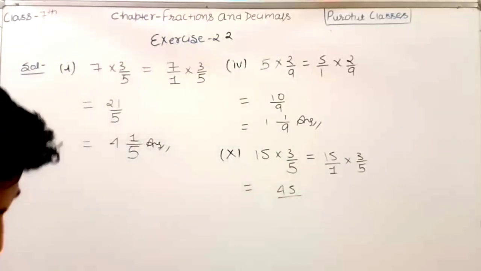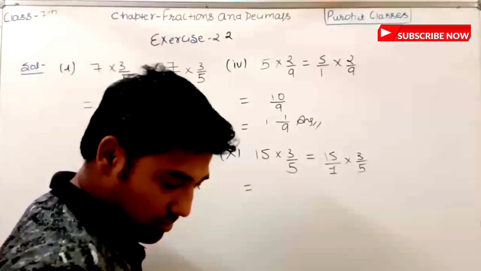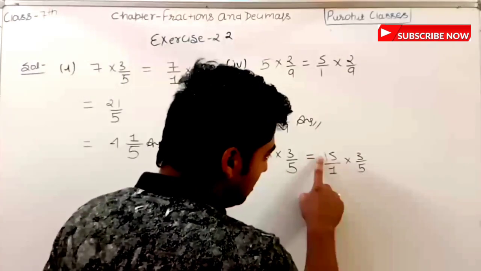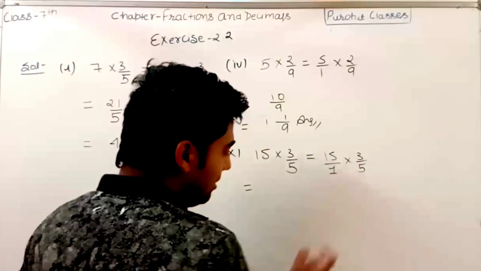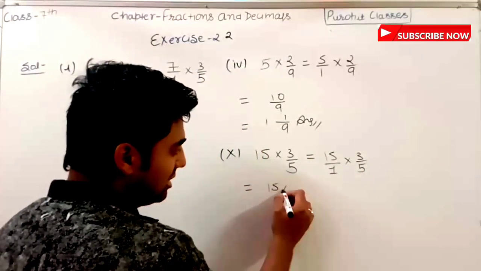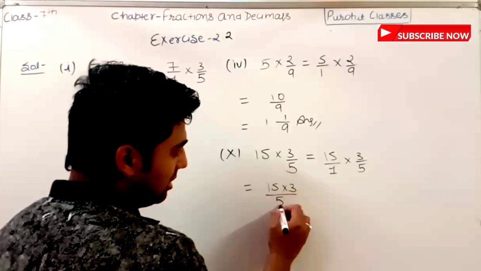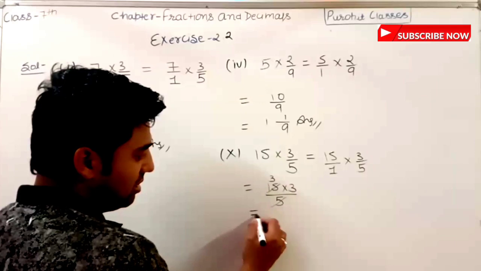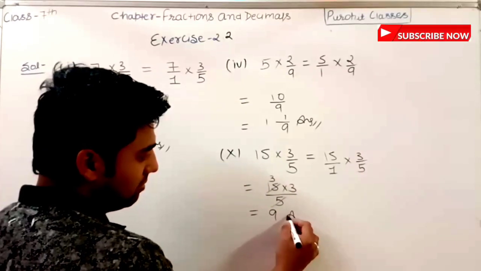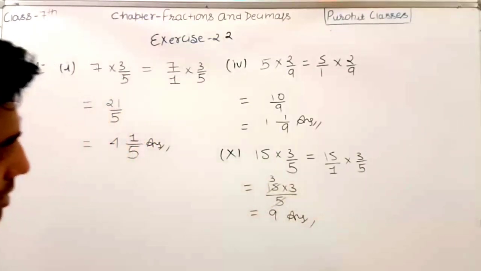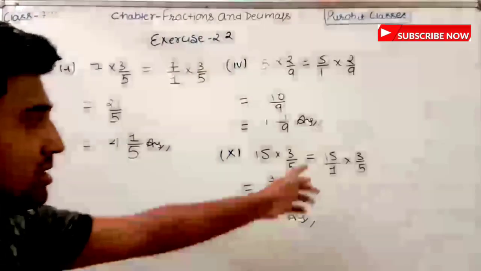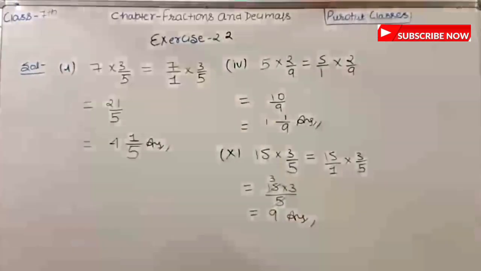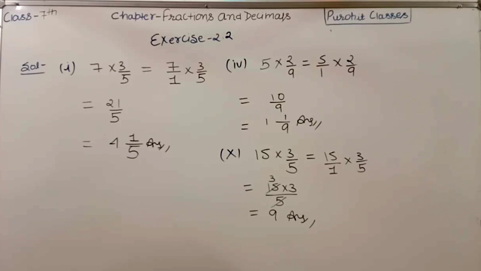Or just make a habit: if you see that this one is a multiple of 5, it's better to write it as 5 multiplied by 3 over 5 times 1. So we can cancel out 5, 3 times 5 is 15, and 9 will be our answer. Understood? If there is a possibility, no need to multiply; just write it in the form of multiplication and cancel them out.